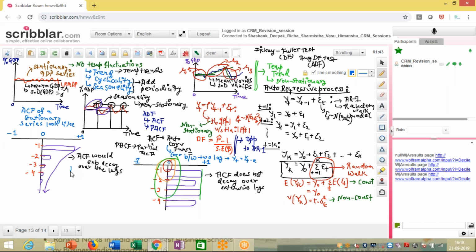When a series is stationary, the ACF would exponentially decay over the lags. And over here, if the ACF does not decay over the extensive lags, that is the case of a non-stationary time series. Oh, okay, sir. Thanks a lot.